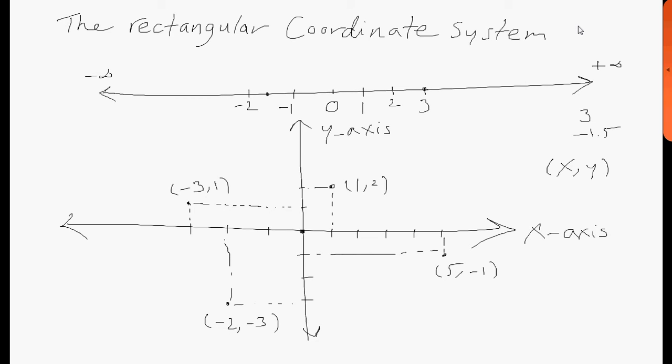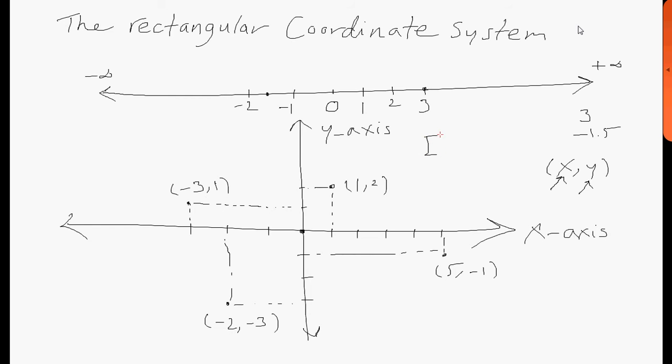So now you can see any point on this board can be represented with an ordered pair of numbers, x and y. X is called the x coordinate of the point and y is called the y coordinate of the point.